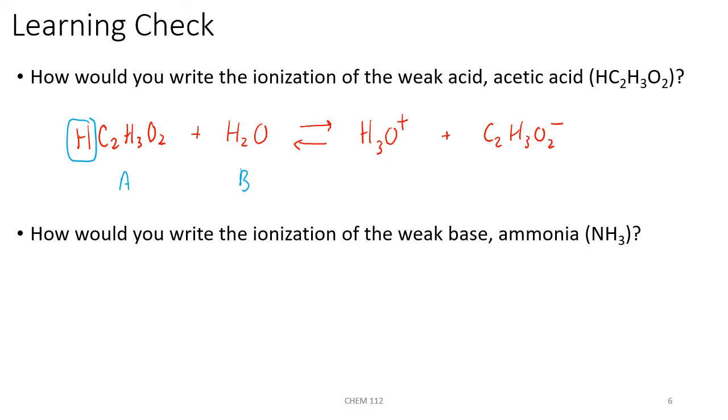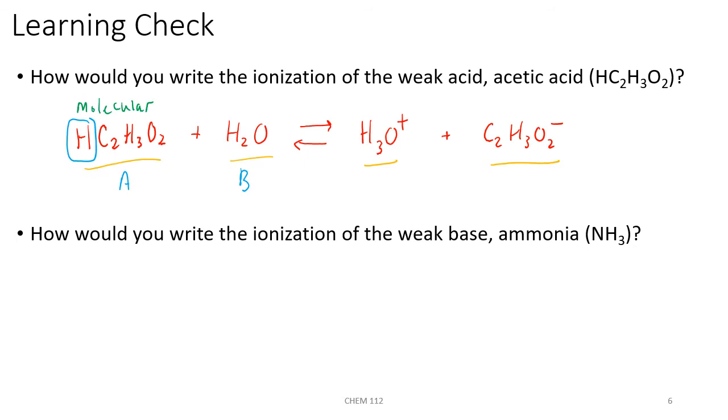So at equilibrium, if we have a flask of acetic acid and water, we don't just have hydronium ion and acetate anion present. Instead, we have some combination of molecular acetic acid, water molecules, and the products that we were forming. Most of this acetic acid does not ionize, so most of it will be present as its molecular form.